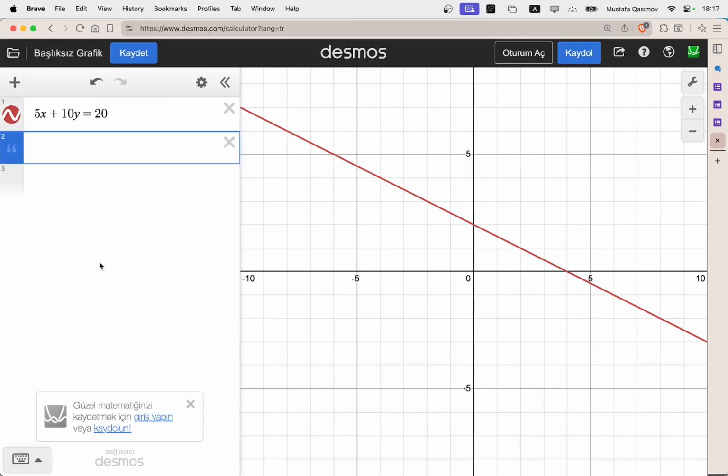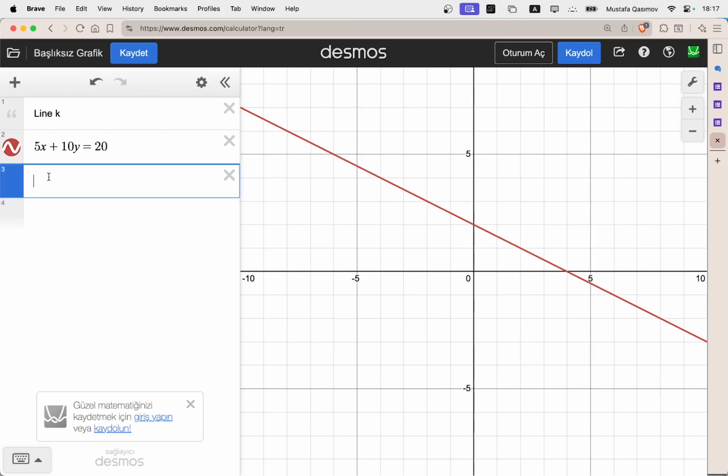Let's say that it is line K. Line H is obtained by translating line K 5 units up. What's the x-intercept of line H? Okay, find it. It is not very hard. It's actually simple.